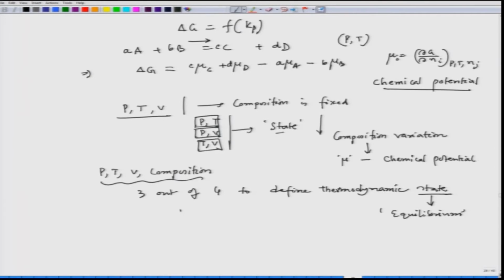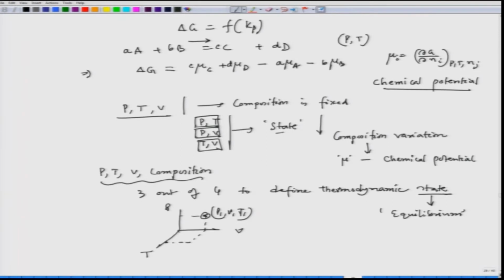For example, if we have a PVT system, we need to know the temperature of this particular point. This is basically a 3-dimensional situation where I need to find the coordinate in that space. This is P1, V1, T1.